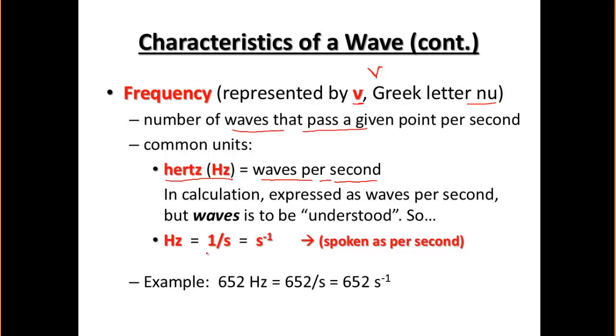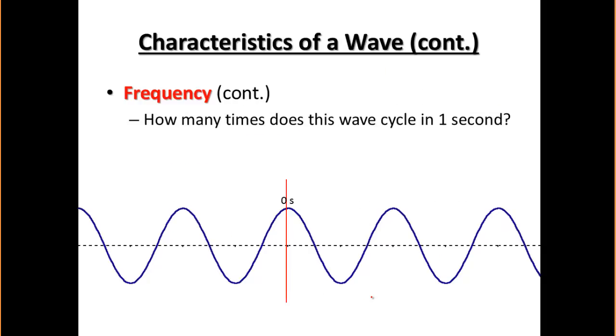Now the two ways we can write that is 1 over the unit second, or seconds to the negative 1 exponent. So it's said as per second. So for example, 652 hertz would be the same as 652 per second, or 652 seconds to the negative 1. All three of these are per second, which is our second part, the frequency.